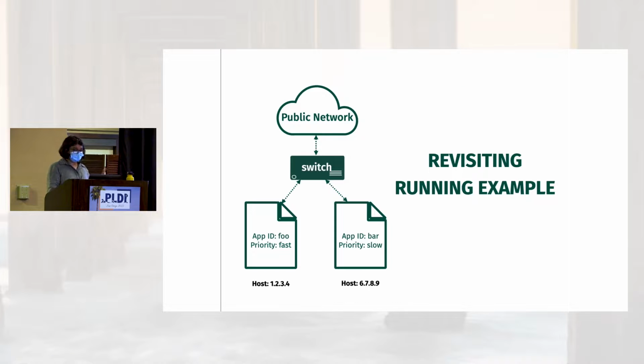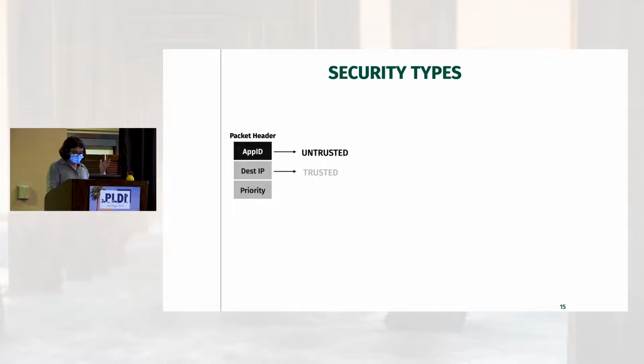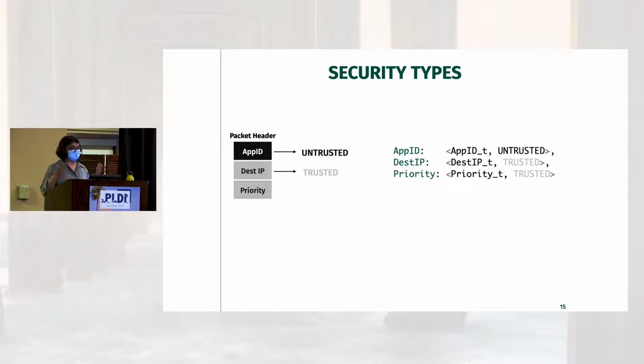To understand how this kind of bug could look in a P4 program and to see that our implementation actually had this bug, we'll revisit the running example. To do so, first we would label security types for our packet headers. This would look something like this, where you have labeled your application ID with an untrusted security label and destination IP with a trusted security label.